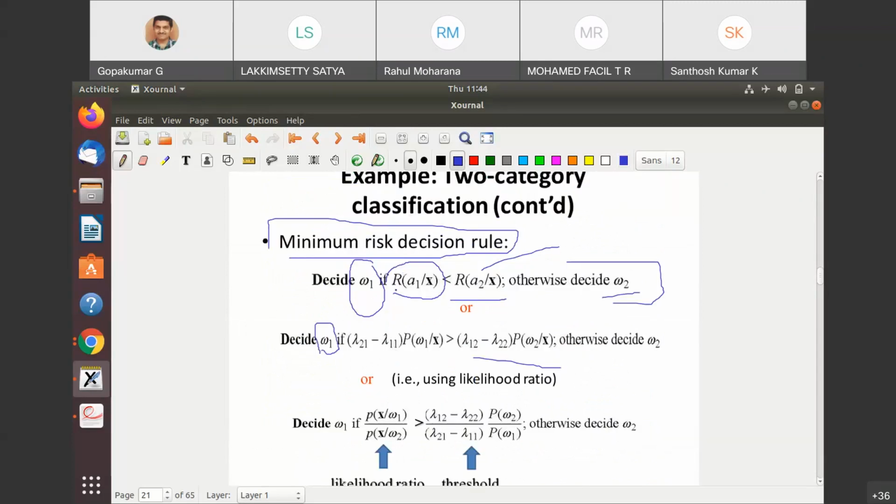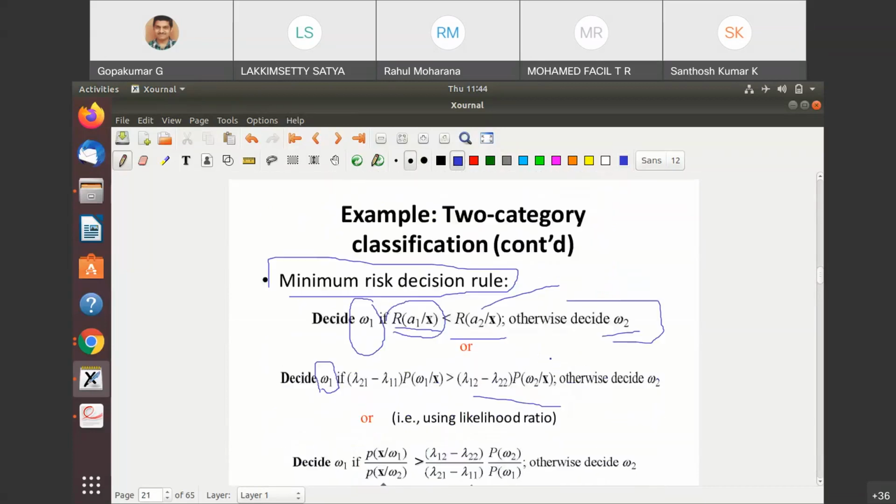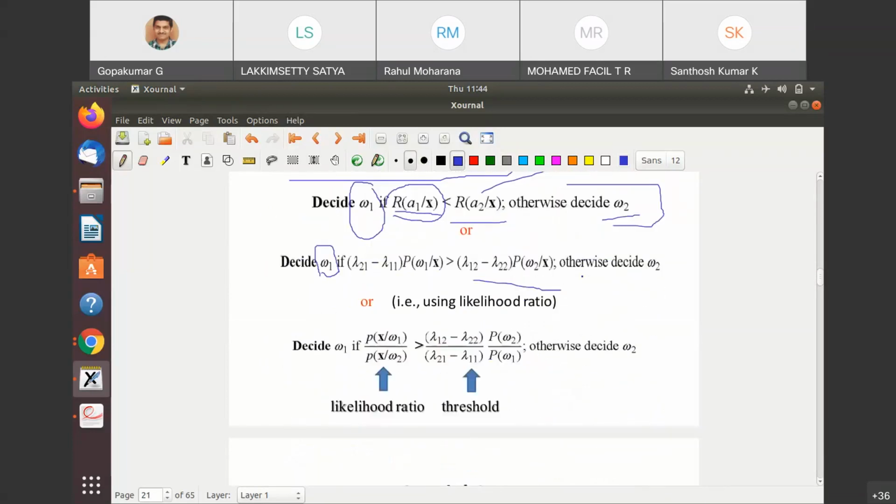So the risk is replaced by the terms from this equation. That is another way to see it: the same decision rule can be expressed in other terms. And another interesting way in which we can represent this is using a likelihood ratio.